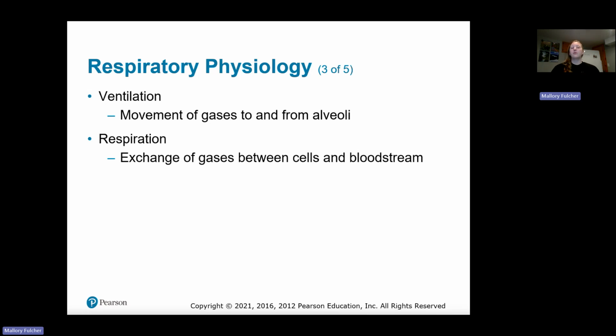So hopefully respiration is happening anytime we are ventilating our patients. Anytime a patient is breathing in, we're hoping that respiration is happening. And there's a lot of different things that can cause it to not happen. Things like asthma, COPD. All of those things can affect the way that gases are exchanged at the cellular level.